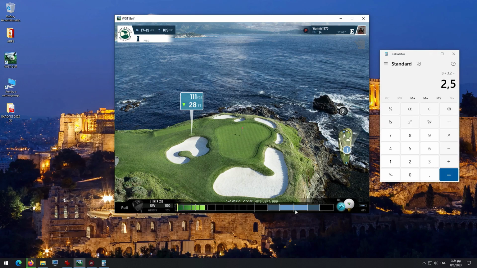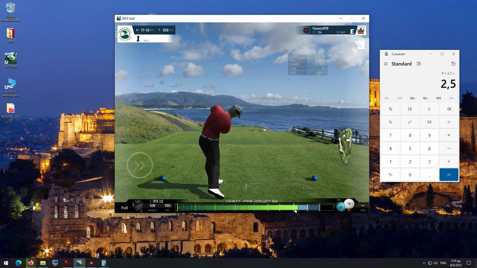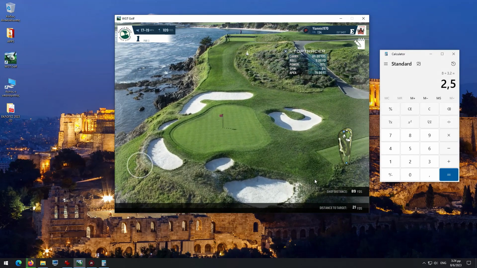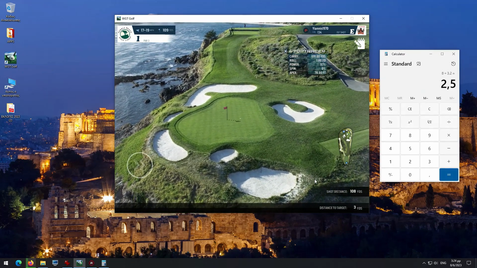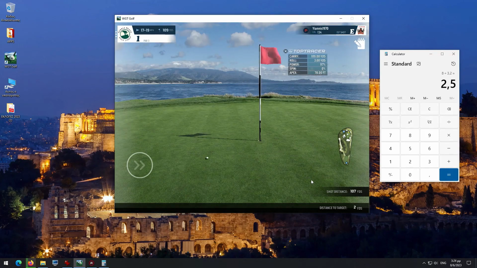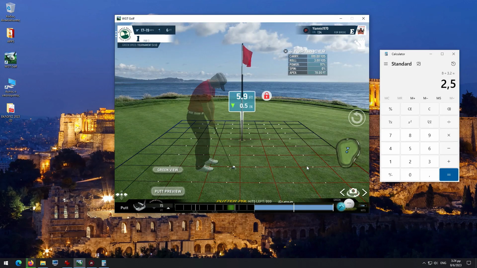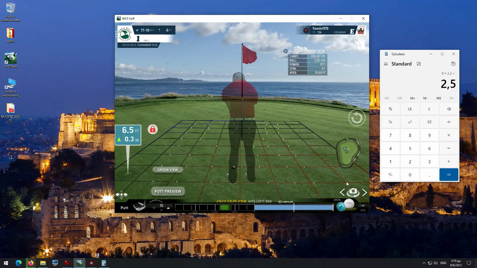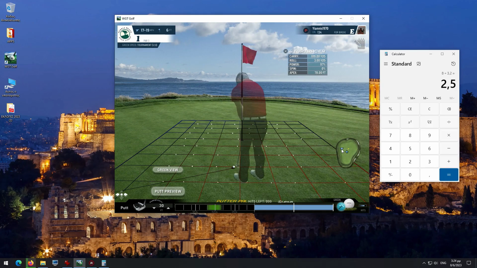So I need to stay on the left side. Unfortunately, I missed it, and I went a little bit below the flagstick, so 107. But we can take care of this if we use the little map, because unfortunately the game doesn't provide any other tools.